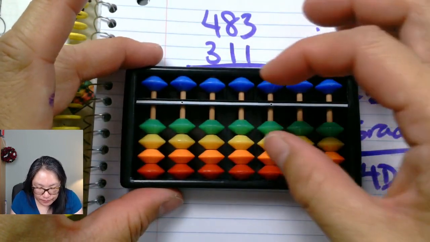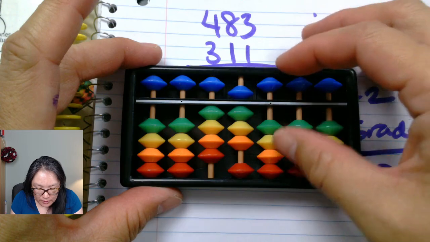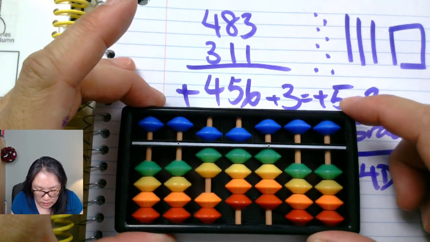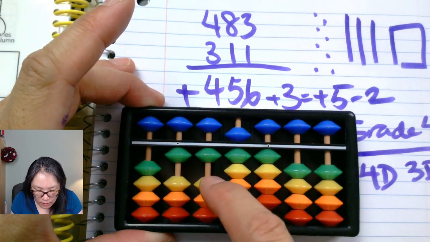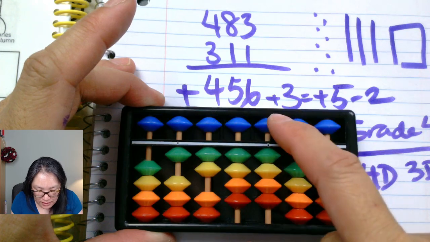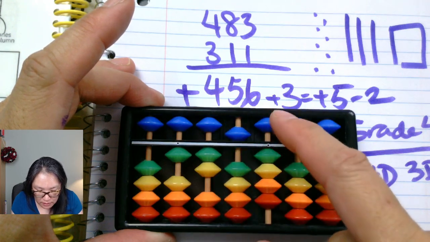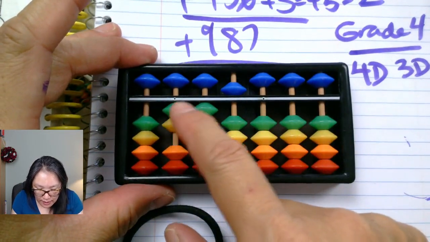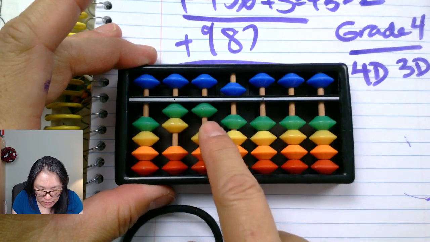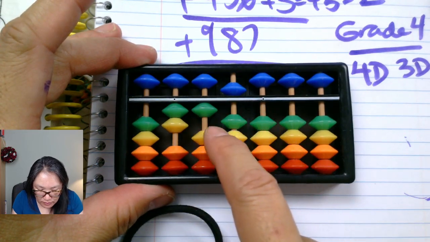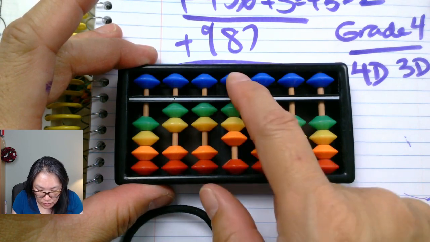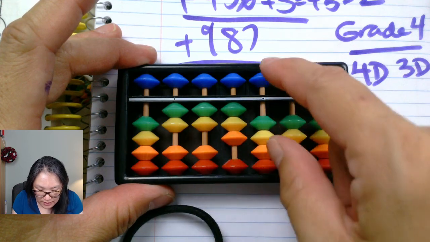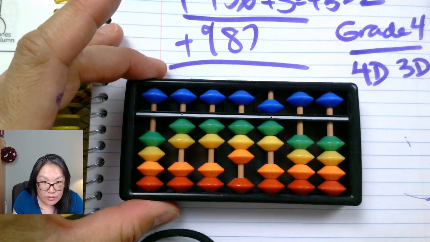So here: 4, 8, 3, 3, 1, 1, 4, 5, 6, and then 9, 9, 8, plus the 10 minus the 2, and then 7, plus the 10 minus the 3, and then 7. There you go. So that's what I would do.